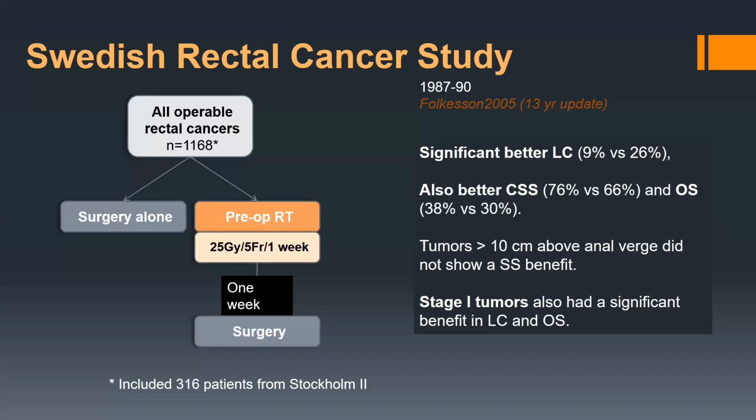They did a subset analysis which showed that tumors which were more than 10 centimeters above the anal verge did not show a survival benefit. And stage 1 tumors also had a significant benefit. So this benefit was not limited to more advanced tumors. There was a benefit even in stage 1 cancers. So this set the background for the use of neoadjuvant short course radiotherapy in rectal cancer.